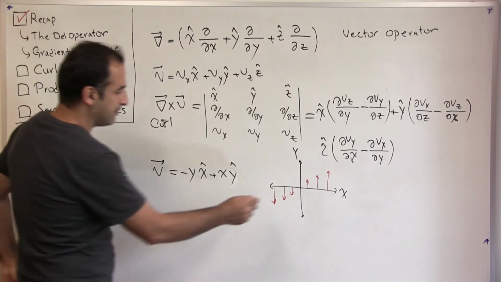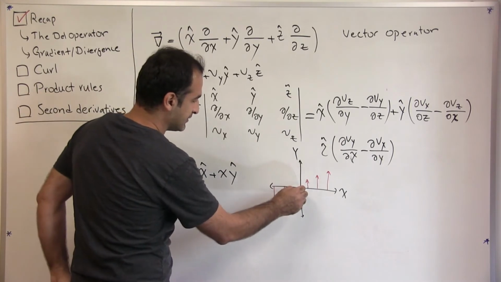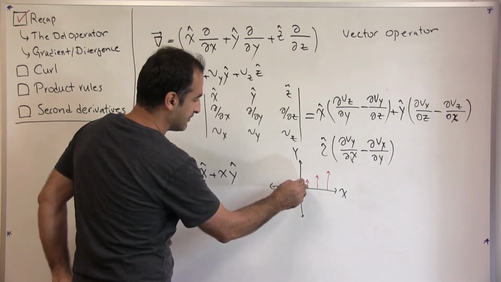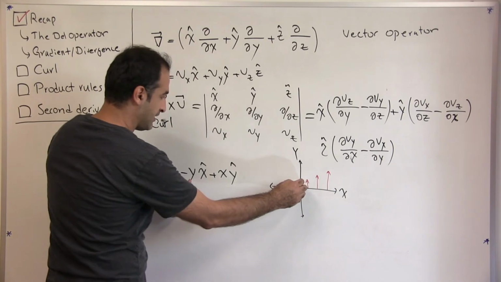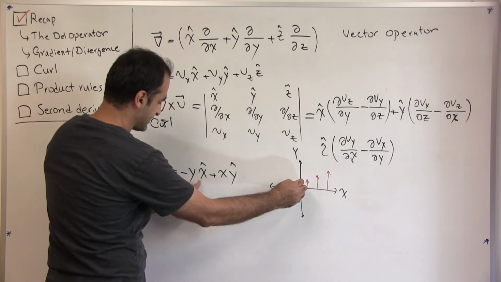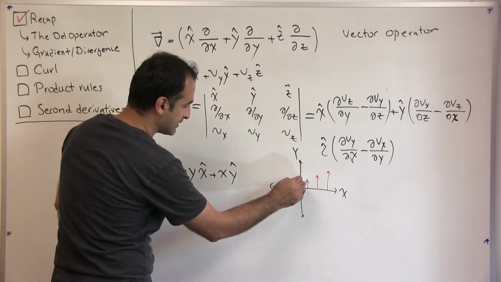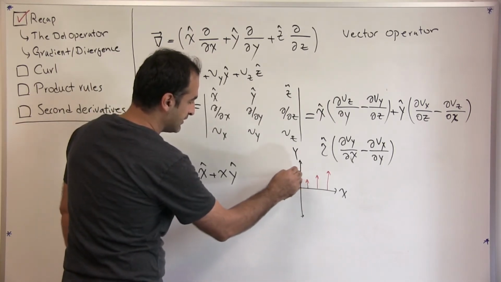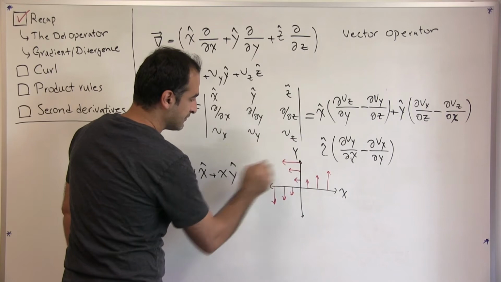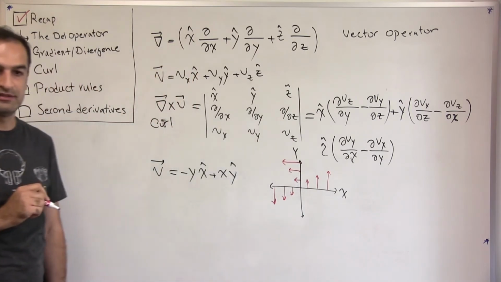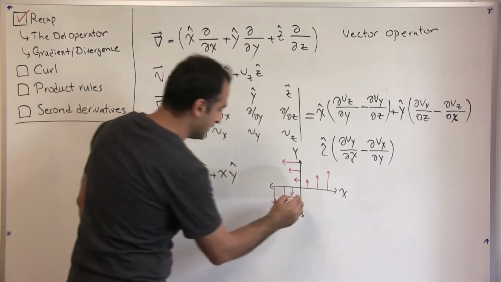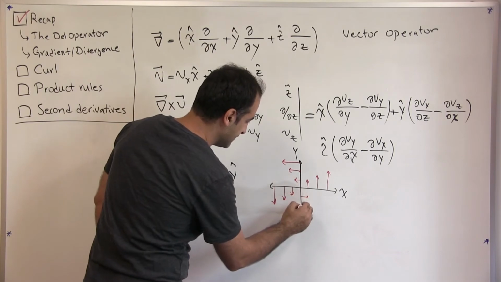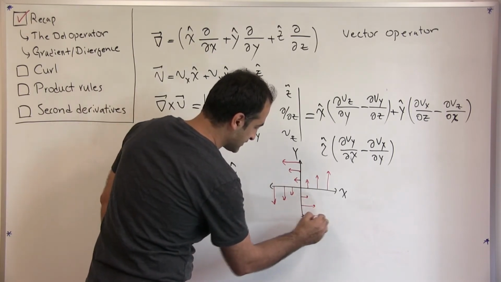If we move to the positive y-axis, at the origin we get nothing, but a bit above that we get a positive value of y times x hat, but here we have a negative sign, so it gives us a vector in this direction. Okay. The higher the y value, the stronger the field we get. Something like this, right? And if we go to the negative side, likewise, we get something similar in the other direction.